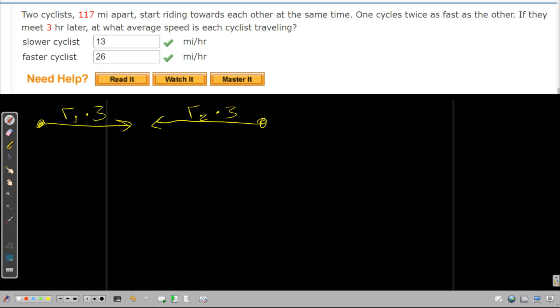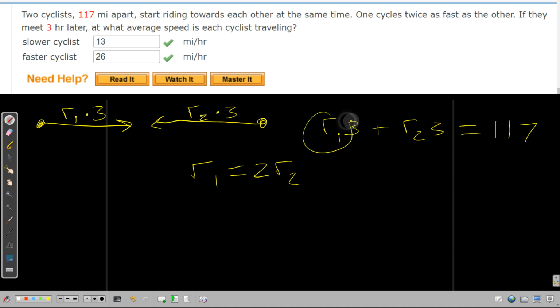And the sum of these two distances, 3 times R1 plus 3 times R2, this is D1 plus D2. It must be the 117 miles. And then we also know that R1 has got to be 2 times R2.